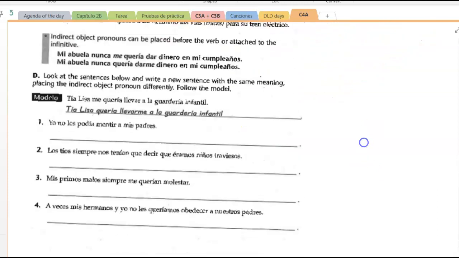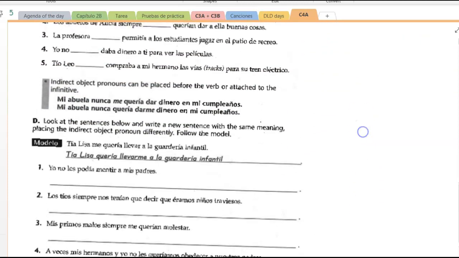Okay, let's do D. D is the one that is a little bit trickier. It says, look at the sentences below and write a new sentence with the same meaning, placing the indirect object pronoun differently. Follow the model. We have seen videos in the EdPuzzle where they say that we can put it before the verb, like me gusta. But you can also put it at the end when you have two verbs.